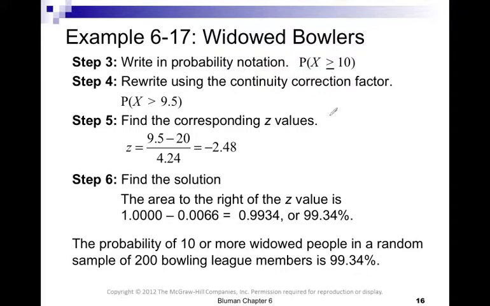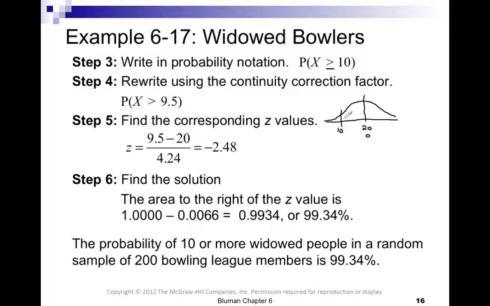We're going to use the continuity factor. And why did we use this one? Well, let's draw our picture again. Always draw a picture. That really helps. Okay. So our mean is here at 20. And in z-score speak, that's a 0. Well, we're down here at 10, or the data we're using is at 10. Okay?